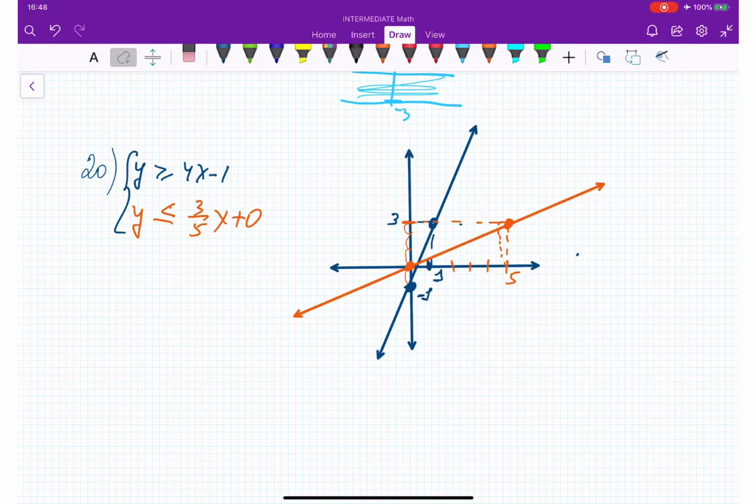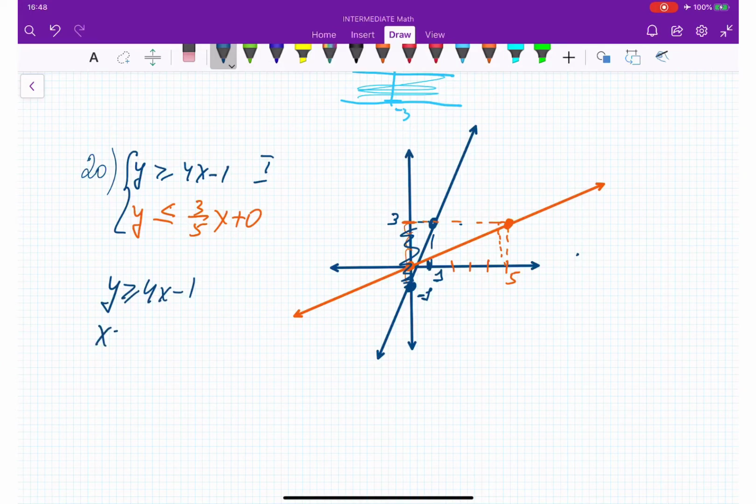First inequality. When x is 0, I get y greater or equal -1, right? Which means it's going to go up. Correct? And when y is 0, let's go step by step. Y greater or equal 4x minus 1.